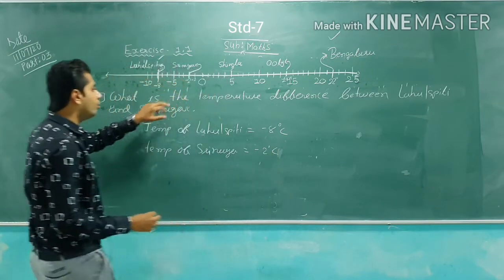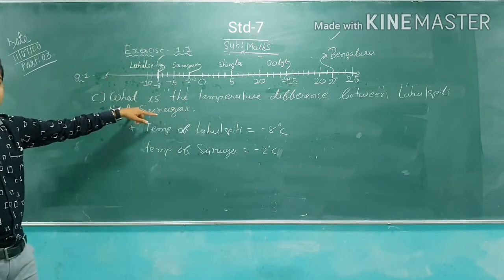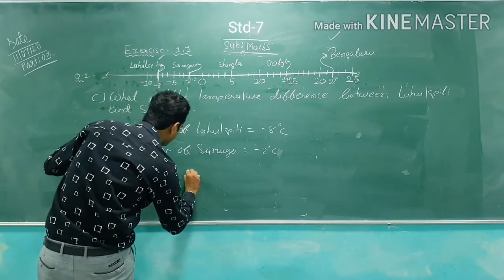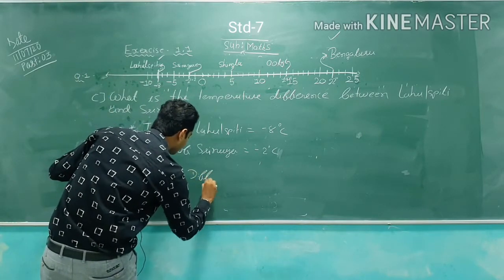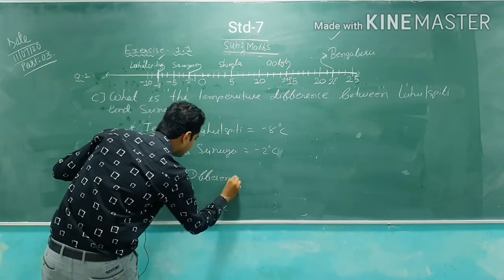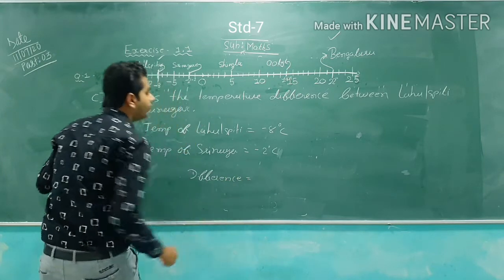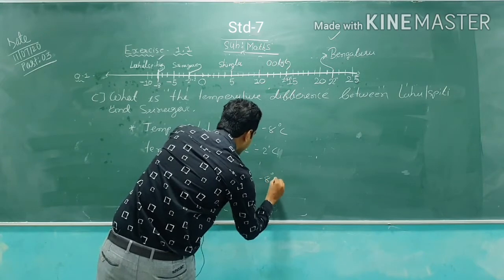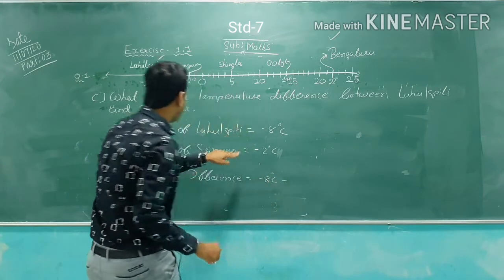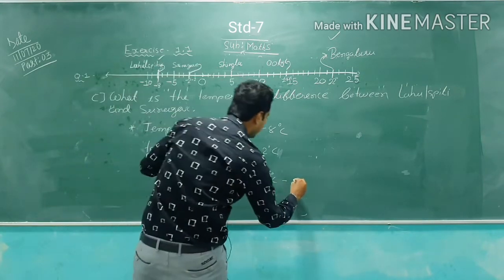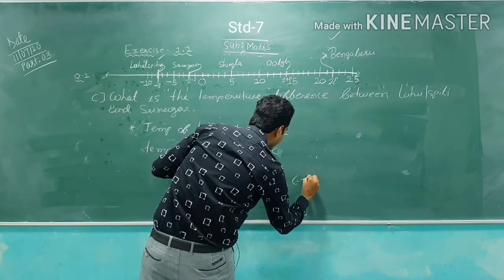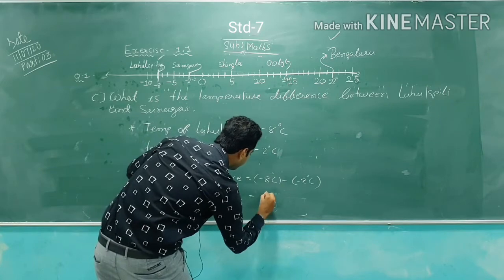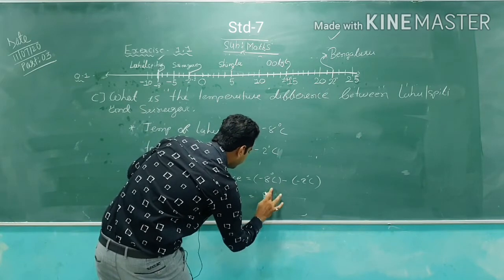Okay, now what we have to do? We have to do difference. Difference means subtraction. So let's do subtraction. Difference between Lahaul Spiti, which has minus 8 degrees Celsius, minus the temperature of Srinagar, which is minus 2 degrees Celsius here. So that's why I will write minus 8.